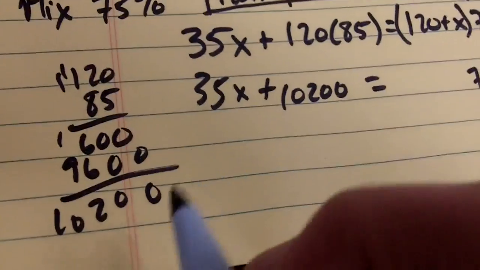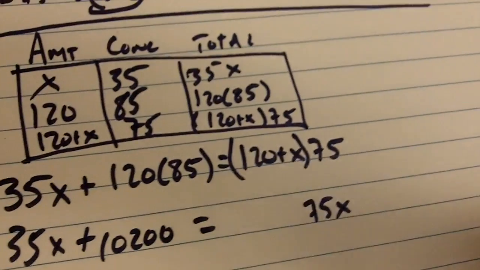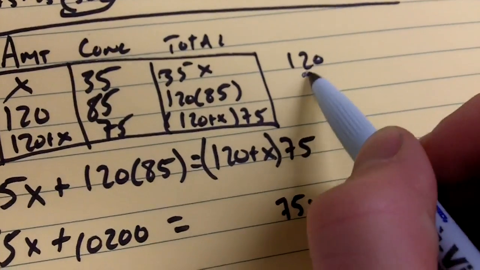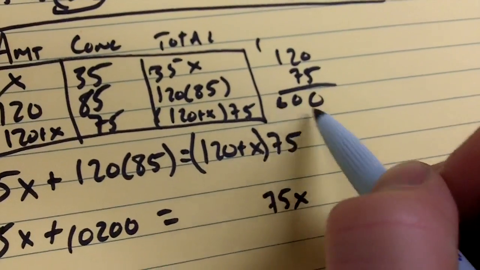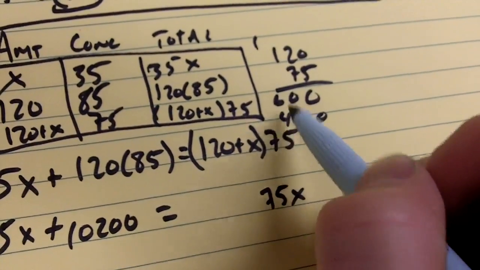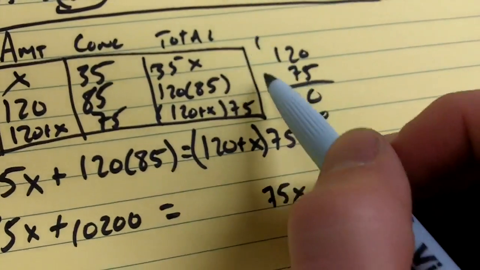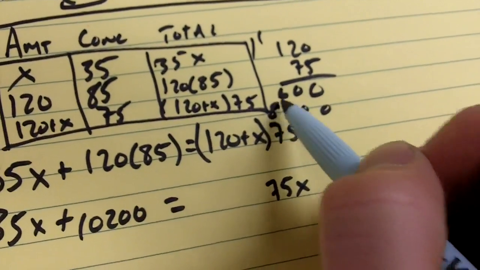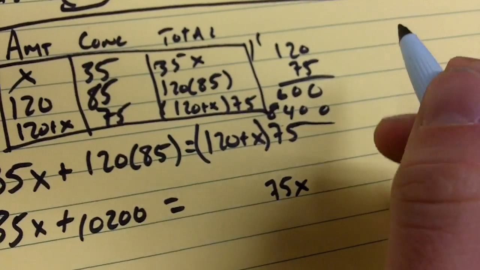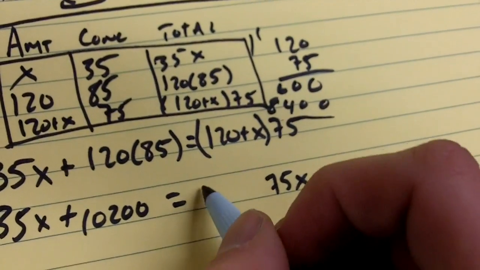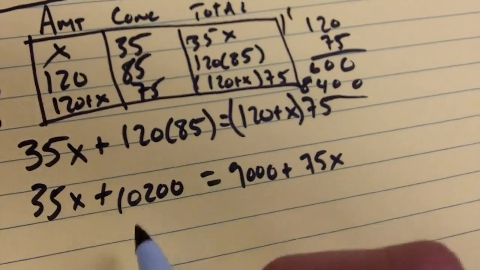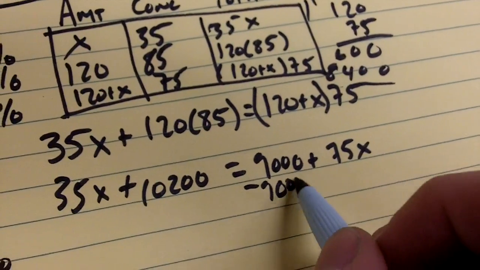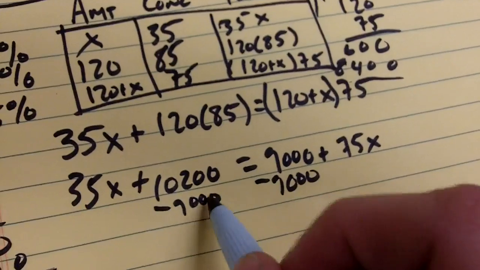I don't know what 120 times 75 is, so I'll do that real quick. 120 times 75 is 9,000. So 9,000 plus 75x. I can solve this thing now, subtract 9,000 from both sides.